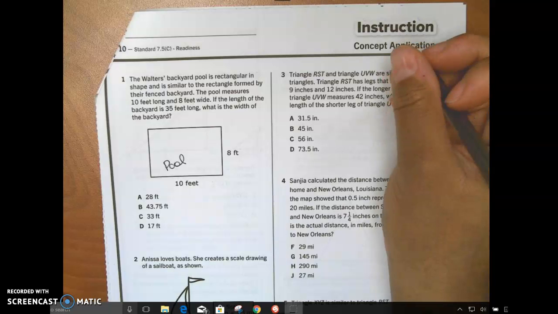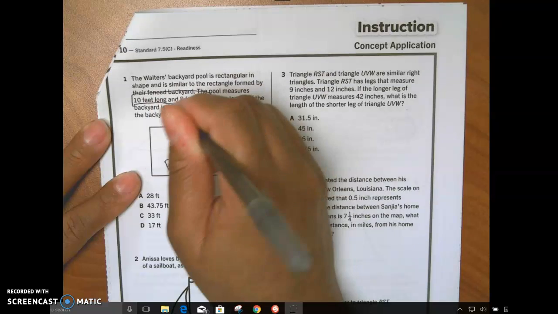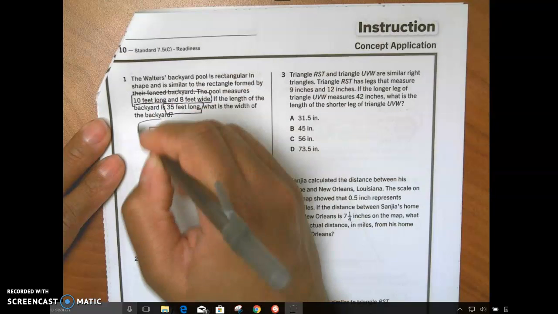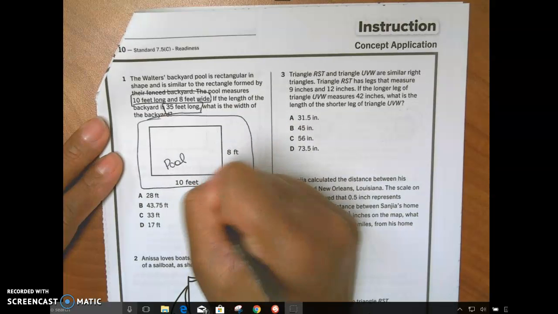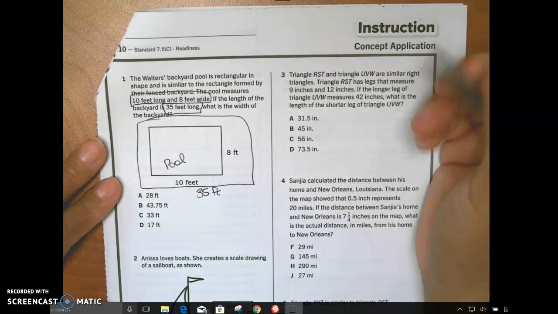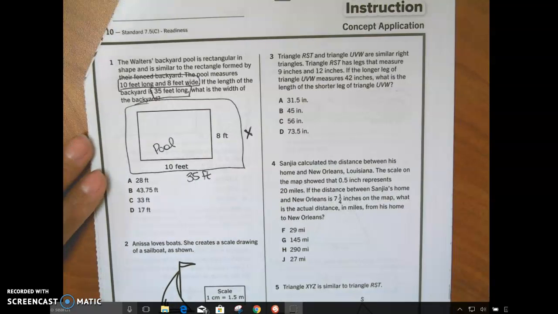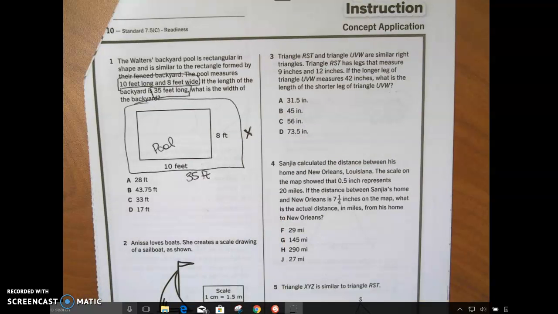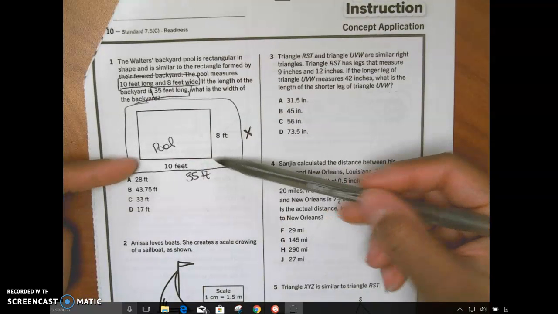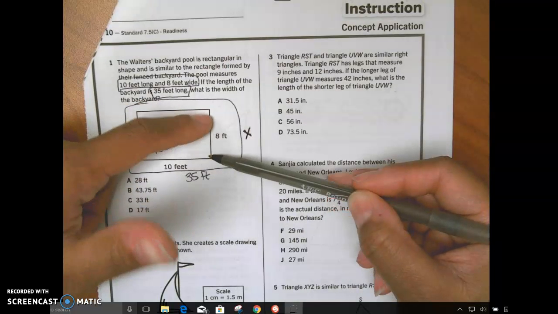If the length of the backyard is 35 feet long, so I need a longer rectangle, and that's 35 feet. What is the width of the backyard? And here's X. No. It can't be the same, guys. Listen, it's similar. So if I'm going from 10 to 35, then I can't keep my 8. Remember, it has to make sense.